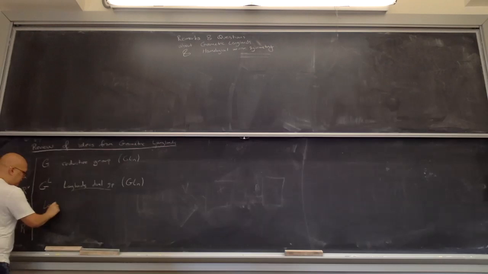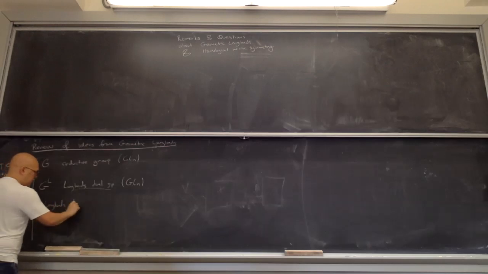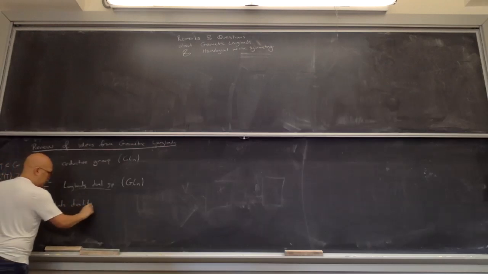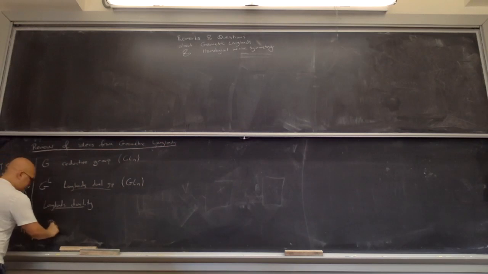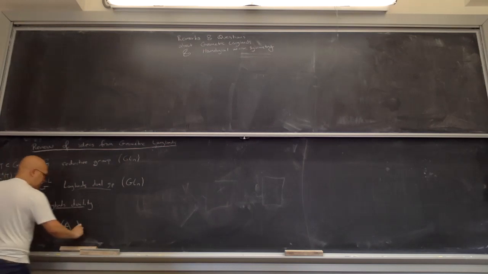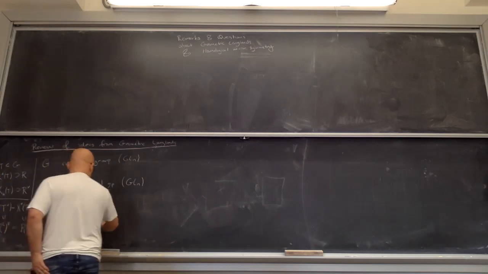Specifically, what is Langlands duality about? It has to do with representations, on the one hand, of this group G: you look at its adelic points for some field, and you look at representations of that.